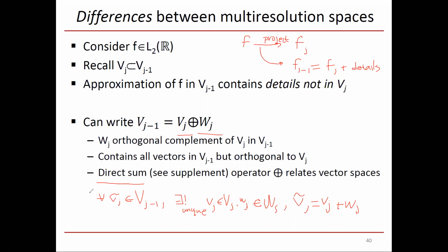So you can look at the supplement on direct sum, but it means that we have two vector spaces. But again, we have this property where one vector space has the property that every element in it has a unique decomposition into two vectors in the two other spaces. And these vectors in the two other spaces are always going to be orthogonal.